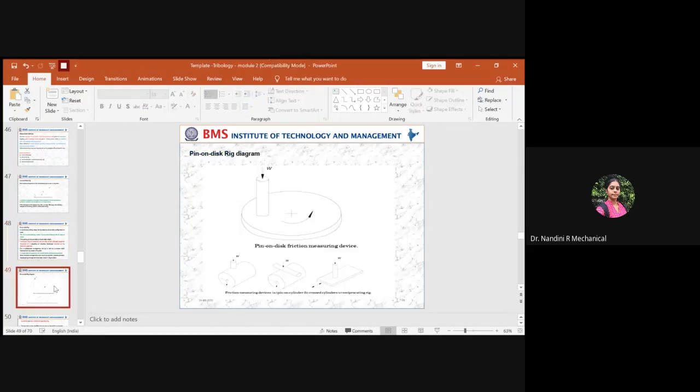This is the pin, which will be held stationary. On the pin you apply a normal load, the dead load, so that the pin is held stationary and hence the disc can revolve continuously.